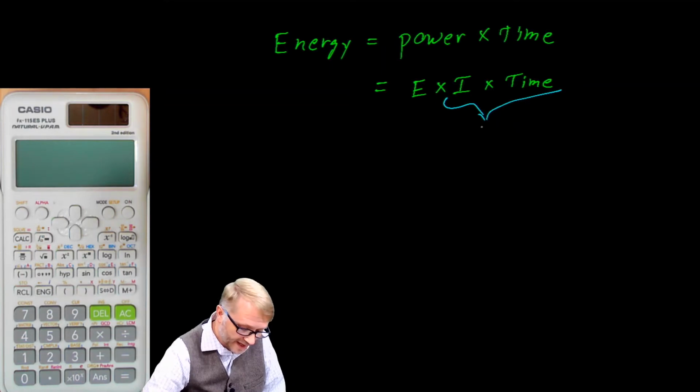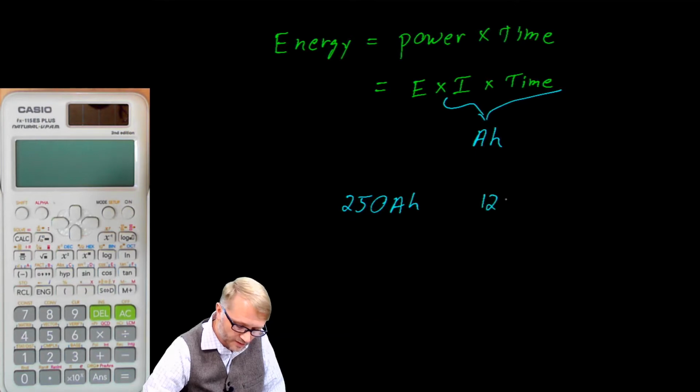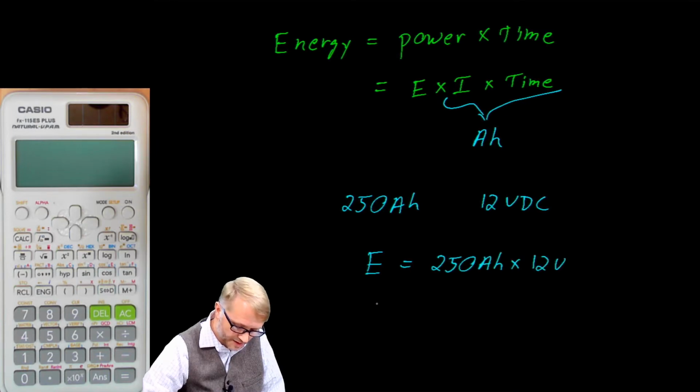You recall that the capacity of a battery was measured in amp hours. So if you had a 250 amp hour battery and that battery was 12 volts DC, well, the energy in that battery is 250 amp hours by 12 volts, which gives you 3 kilowatt hours.